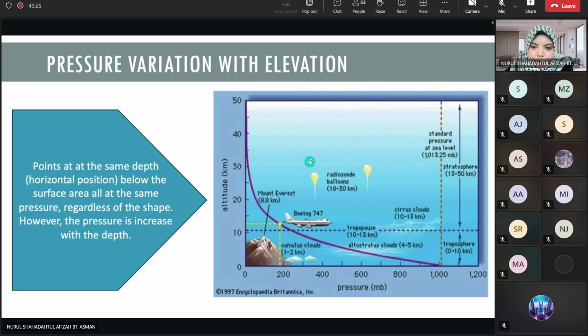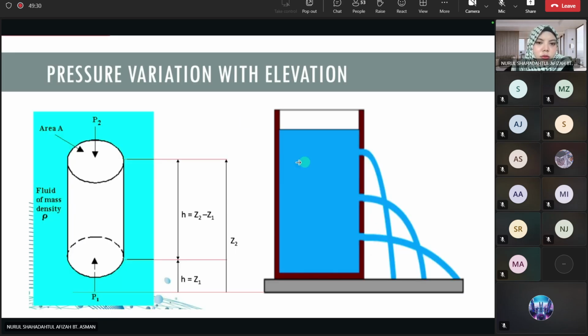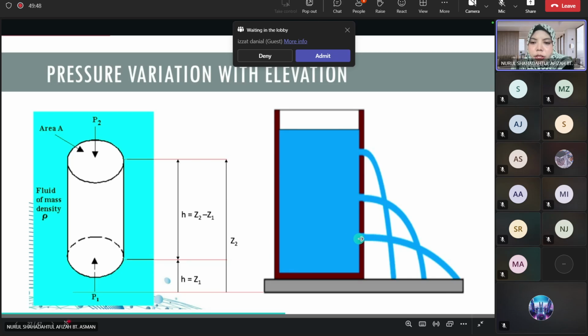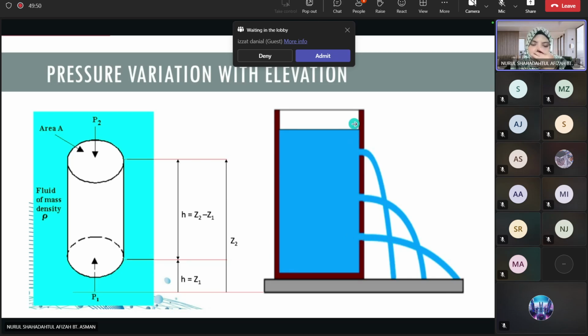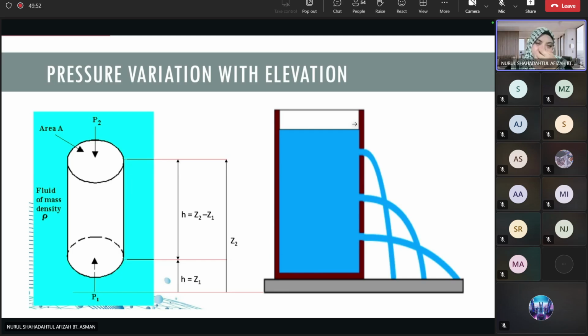Okay. So this is the pressure variation with elevation. Kita tengok sini lah. Same theory. Because as we go deeper, makin ke dalam air, the pressure is higher. Tengok yang ni container ataupun you can use botol air. Di sini yang paling tinggi kurang pressure.